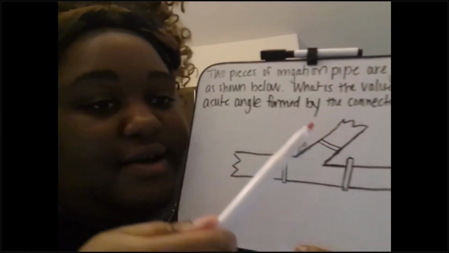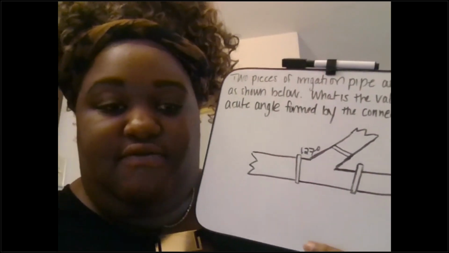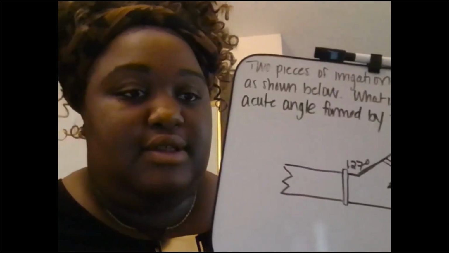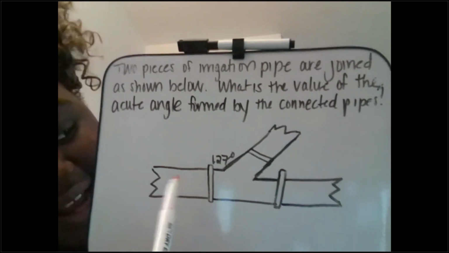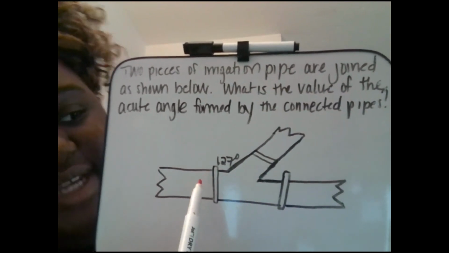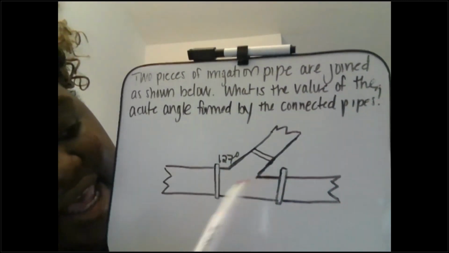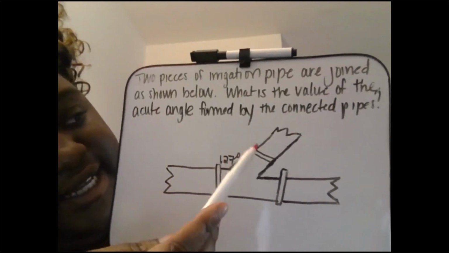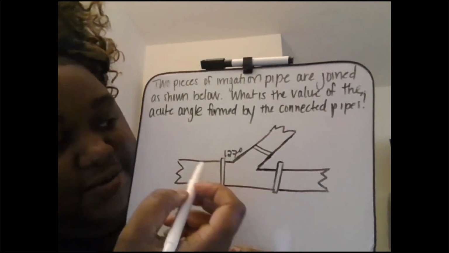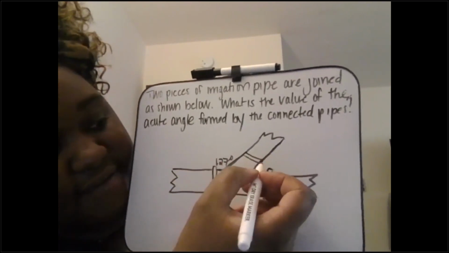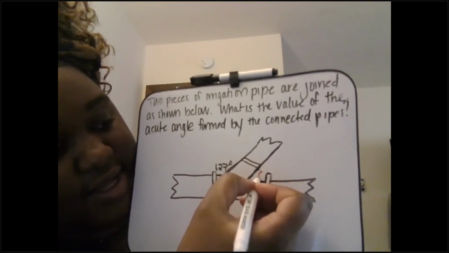As you can see here, I'll bring it a little closer. I have this pipe here and they gave me one angle, 127. They want to know what the acute angle is that's formed by the connected pipes. If this is 127, they want to know what this angle is here.